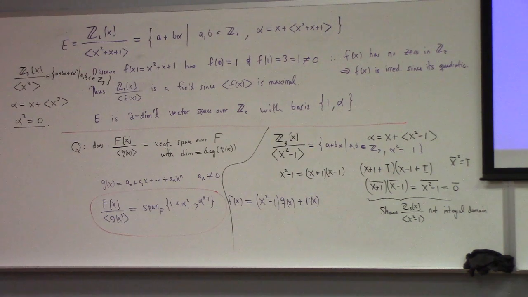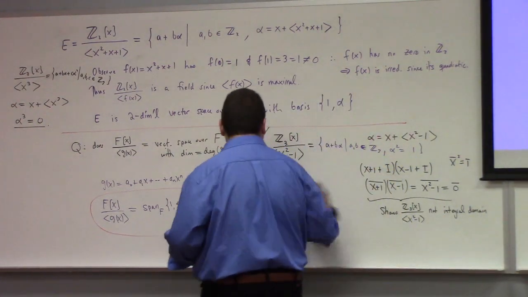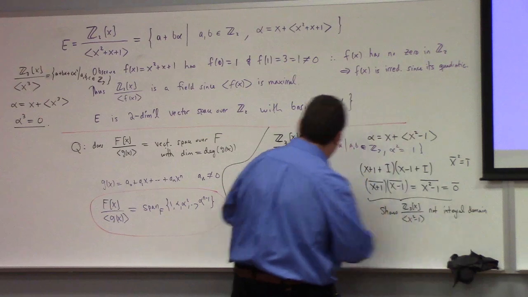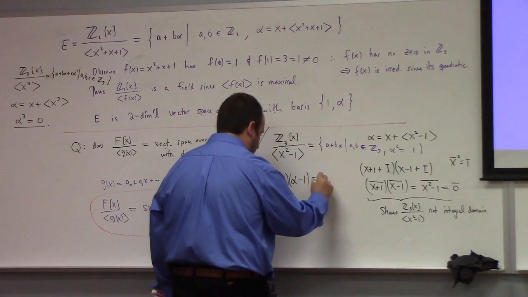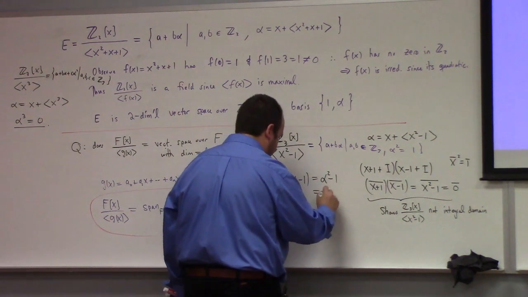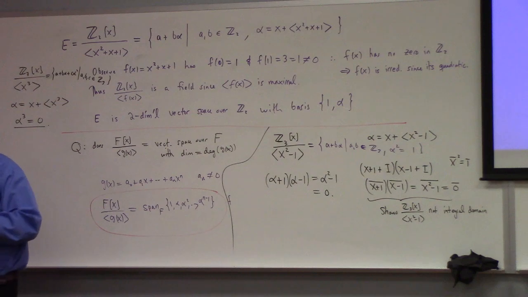It has 0 divisors. For example, alpha plus 1 and alpha minus 1 are 0 divisors, right? Alpha plus 1 times alpha minus 1 equals alpha squared minus 1, which is equal to 0. So those are two non-zero elements of this factor ring whose product is 0.